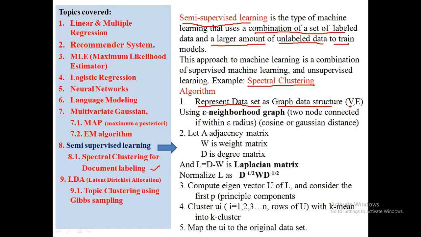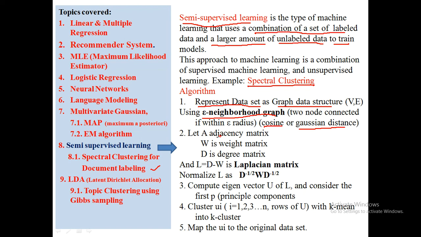The edges connecting two nodes may be built using some strategy, like the epsilon neighborhood graph, that is, if the distance between two nodes is smaller than a non-negative value sigma, we connect them. The distance may be measured with cosine or some Gaussian distance.